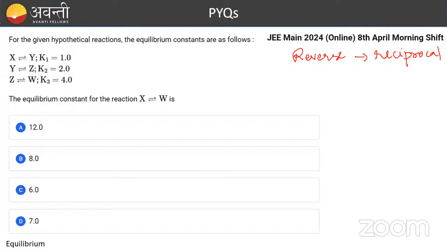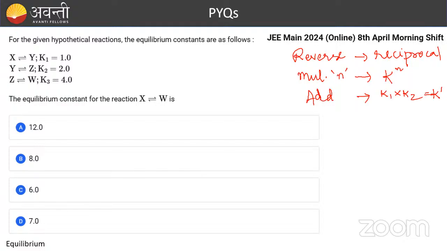The second one is, if you multiply the equation by some number n, then that n has to go to the power: if K is the old equilibrium constant, the new equilibrium constant is K to the power n. And if you are adding two or three equations, then you have to take the multiplication of the equilibrium constants. For example, if I have two equations, I multiply their equilibrium constants to get the new equilibrium constant.